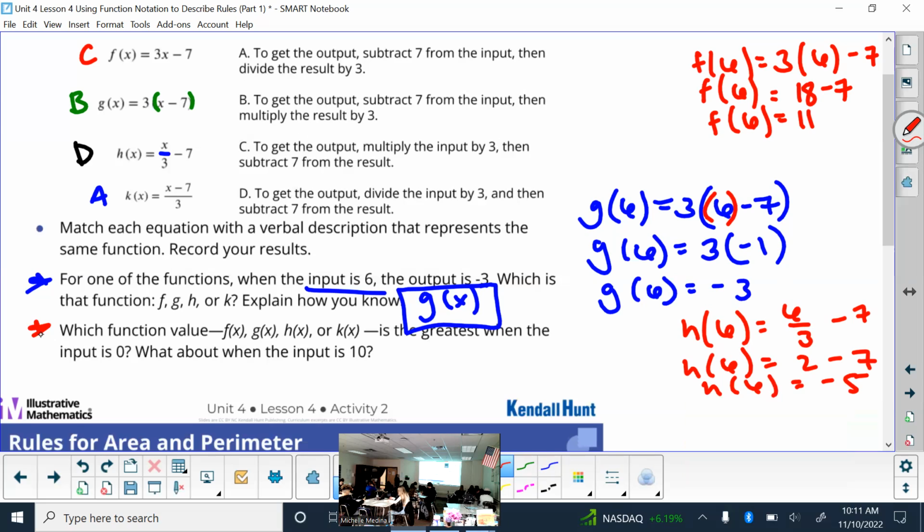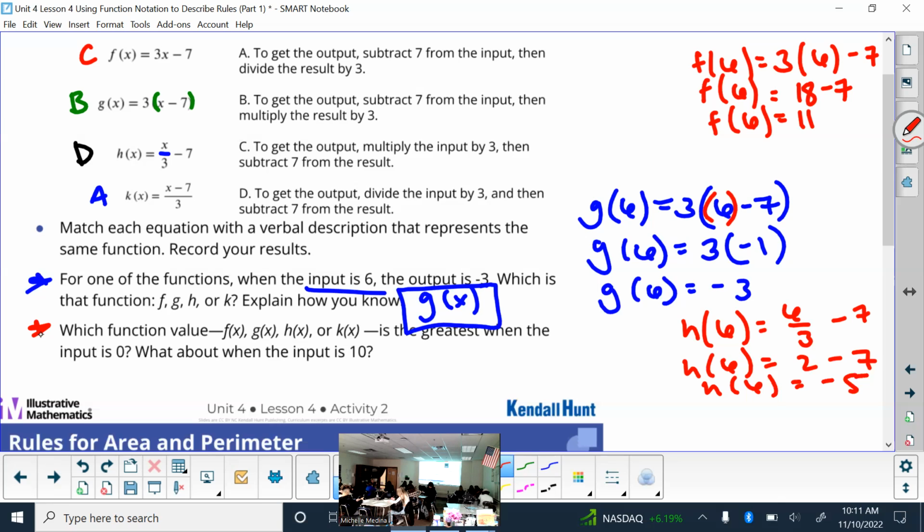All right, now answer the last bullet point. Which function value, F of X, G of X, H of X, or K of X is greatest when the input is 0? And then what about when the input is 10? So again, that's why you're in groups. There's like 3 or 4 of you to a group. You could split up the work. Whoever gets done early could do the last one.